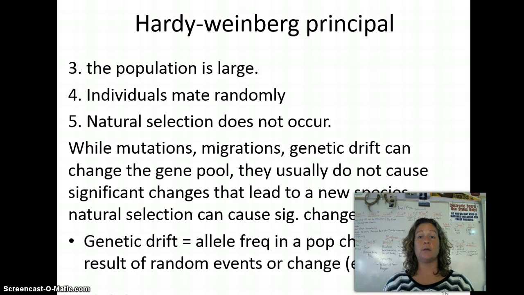While mutations, migrations, and genetic drift can change the gene pool, or at least allele frequencies, those things usually will not cause significant changes that lead to a new species. But natural selection can lead to significant changes, and over hundreds of years you could actually have a new species.